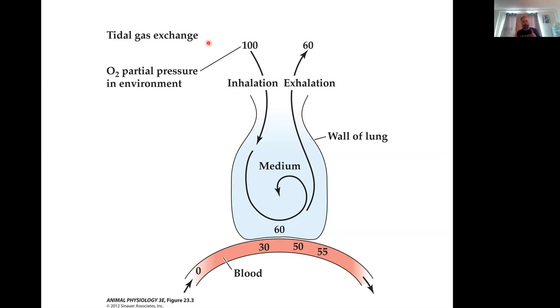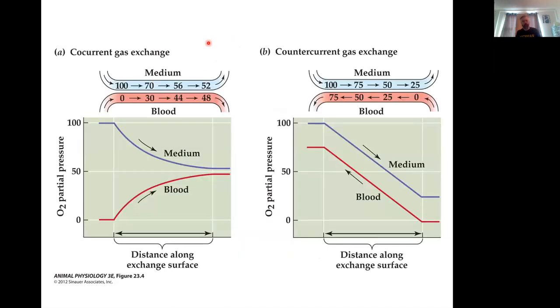However, we do have some means of counteracting that. And it has everything to do with the direction of flow of blood and air. So we can, or water for that matter, if both the fluid, the medium, and our blood travel in the same direction, we have what's called co-current gas exchange.